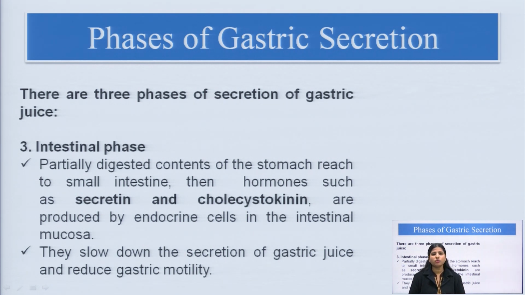Now, these hormones cause the production of bile salts and cause contraction of the gallbladder, which liberates more bile juice that causes the emulsification of fat. So, this is one of the functions of secretin and cholecystokinin. Secretin causes the production of bile, whereas cholecystokinin causes the contraction of the gallbladder.